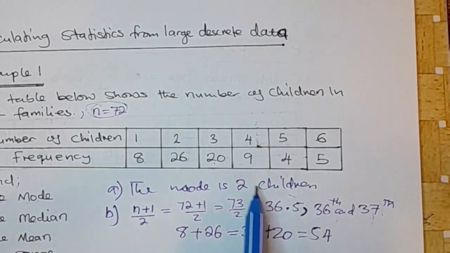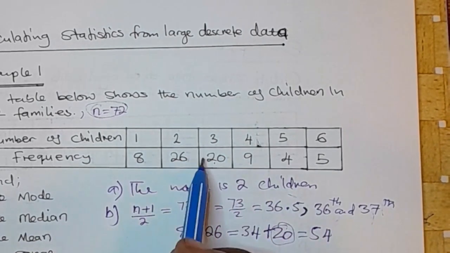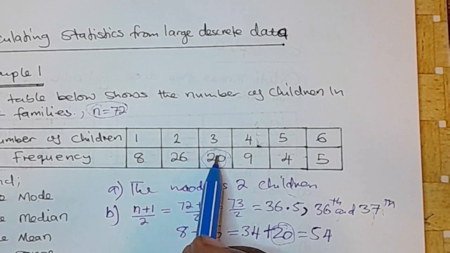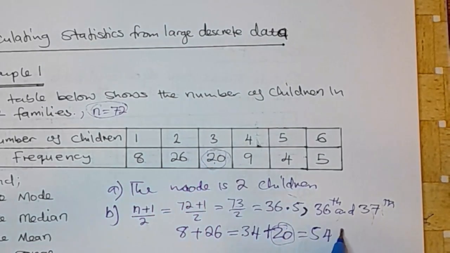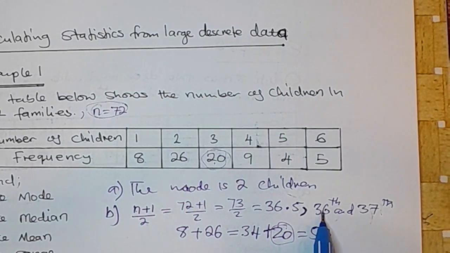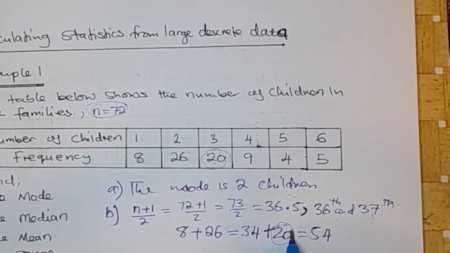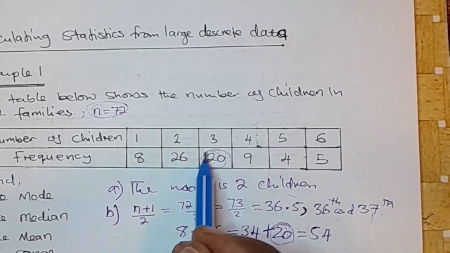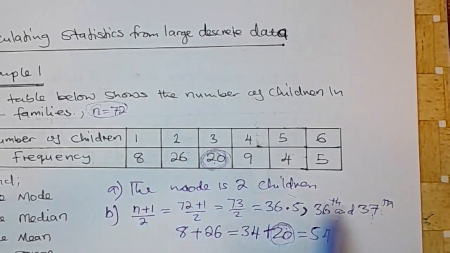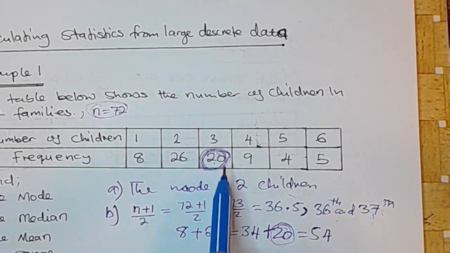You can see that this 20 is coming from here. You can also notice that the 36th and the 37th are both swallowed up here.